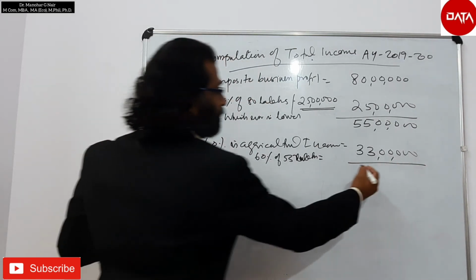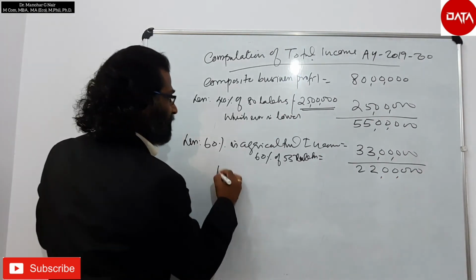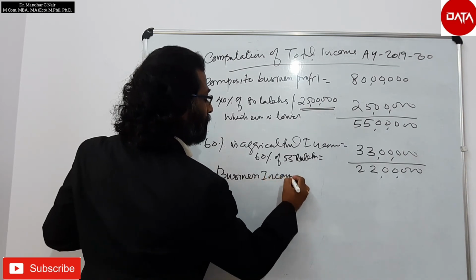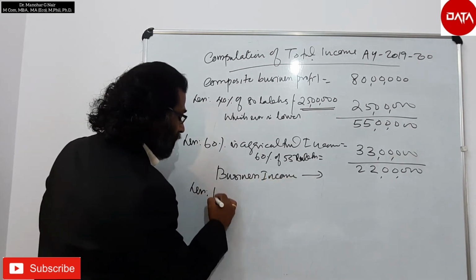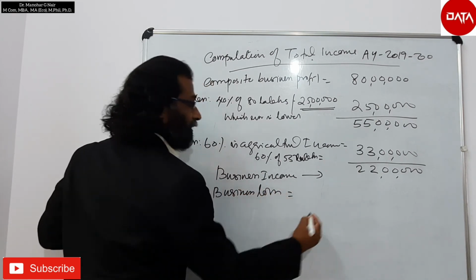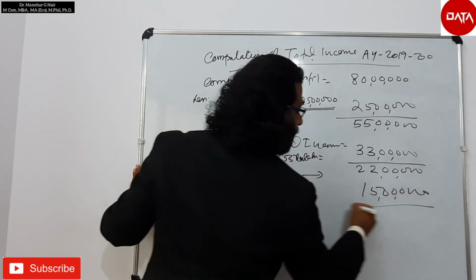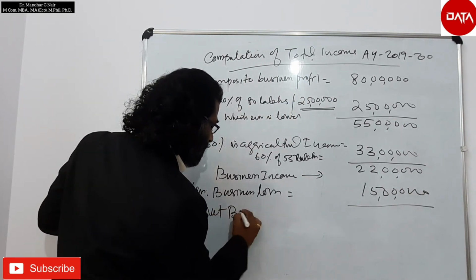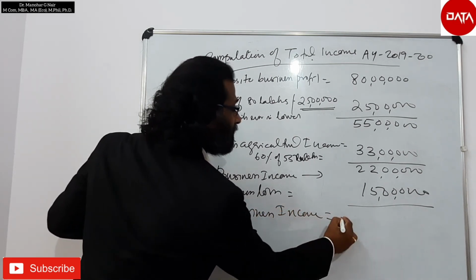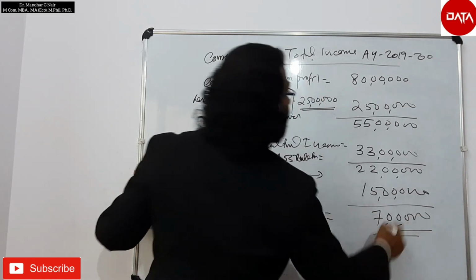Balance is 22 lakhs. This is business income. Less business loss given in the question, that is 15 lakhs. Therefore, net business income equals 7 lakh for the assessment year 2019-20.